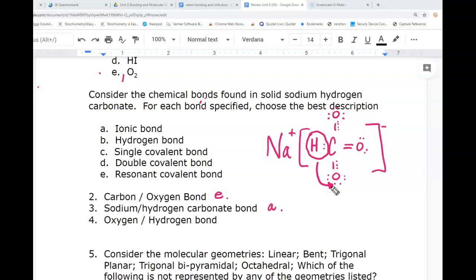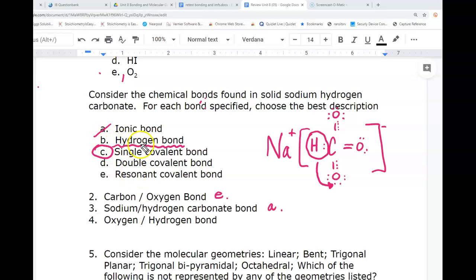So you'd have to call that, because a hydrogen to oxygen bond is not going to do anything other than single bond. You could be tempted to call this a hydrogen bond. It is very definitely a single covalent bond, and hydrogen would never double bond, and it can't resonate either because it can't make a double bond.